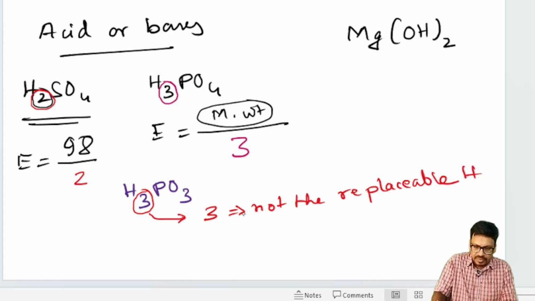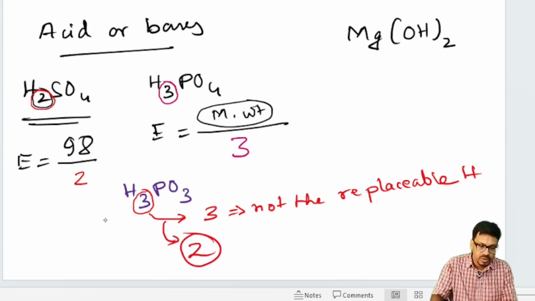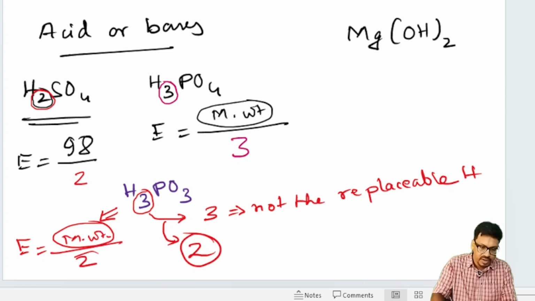Here the replaceable hydrogen is 2. Clear? So in case of phosphorus acid, the equivalent weight is the molecular weight divided by 2. Clear?